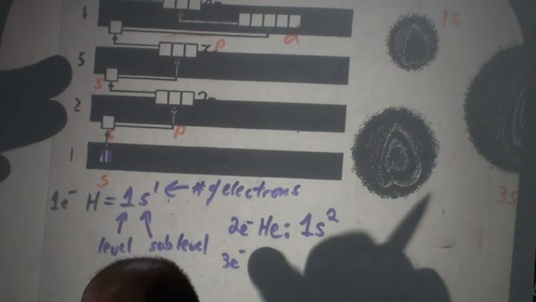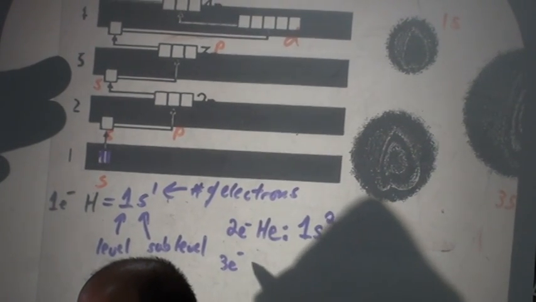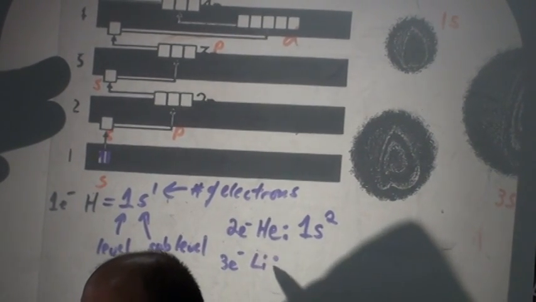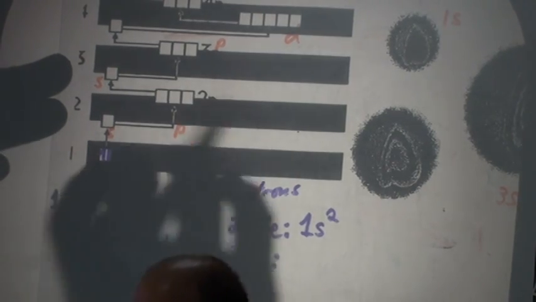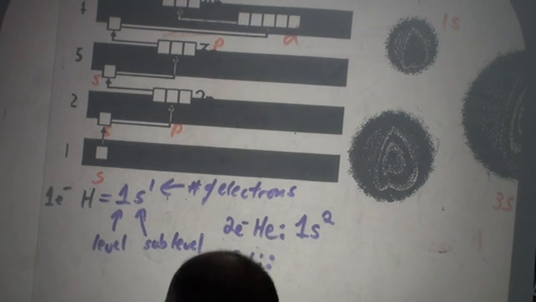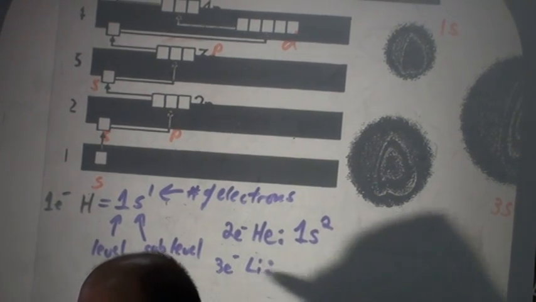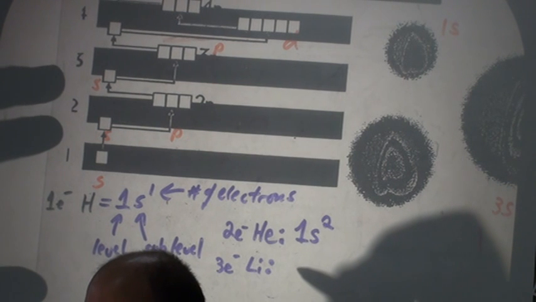Lithium. Erase and we start over. Three electrons for lithium. Put them in the lowest available orbital first.